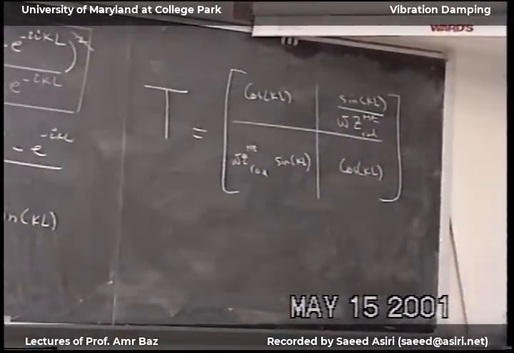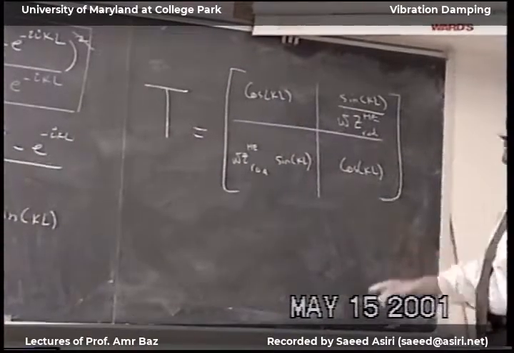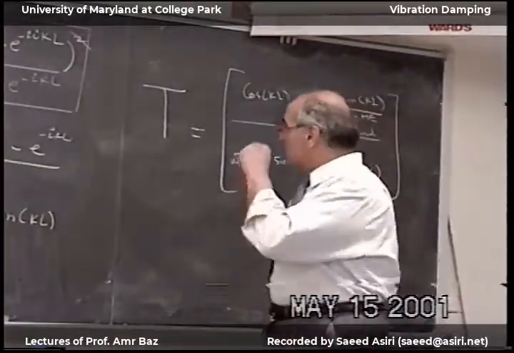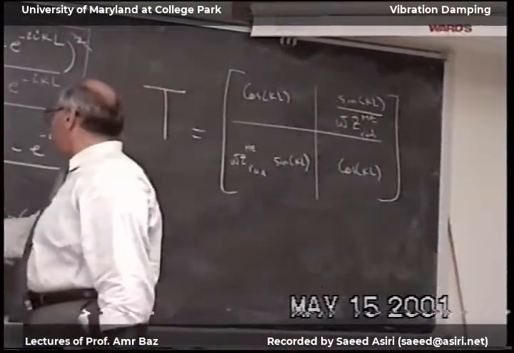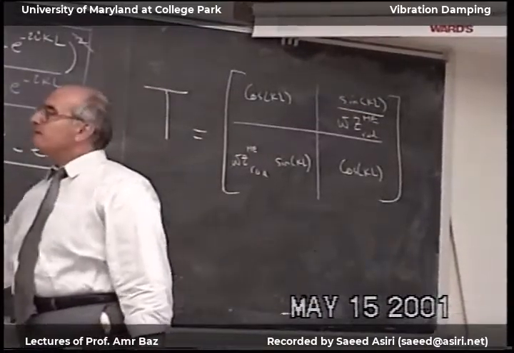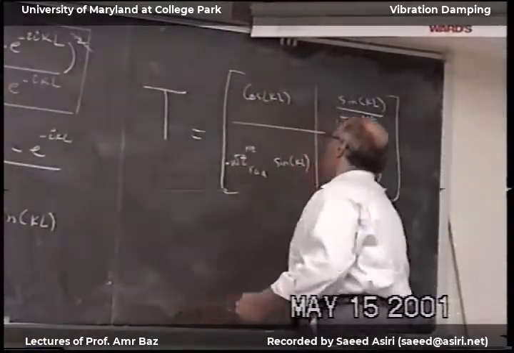Minus? Should that be negative? Yeah, negative. Which one? T21. This one? Yeah. It's okay. We have minus, and minus times minus becomes a plus. Right. Oh, I'm sorry, that's fine. And then minus here.